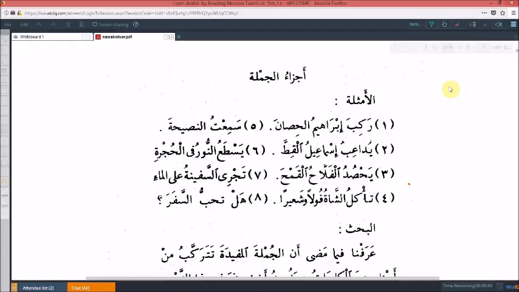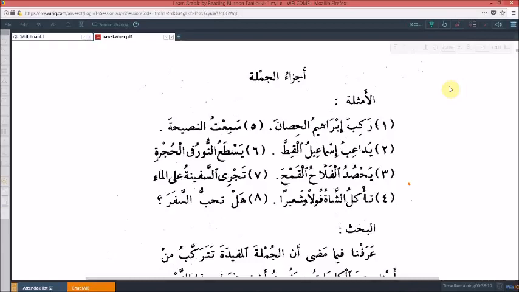Rakiba Ibrahim al-Hisan, 3 words. Number 5, Sami'tu al-Nasiha, 2 words. Some words like number 4, Ta'kulu Shata, Fulin wa Sha'irin, 5. I heard the advice, past tense.